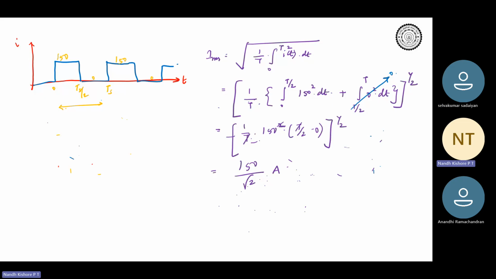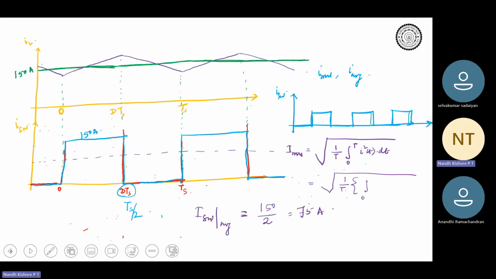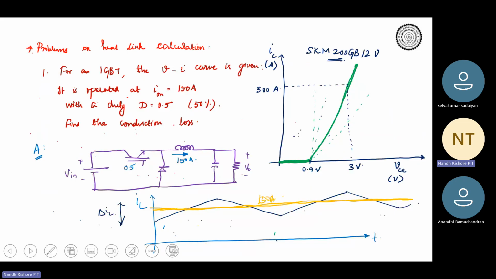Now that we have computed this, we can plug into the power loss equation and find out the power loss. As we said, the power loss is VCE0 into IC average plus IC RMS square into RCE. So let's go back to the curve. What is your VCE0 from this curve? 0.9.